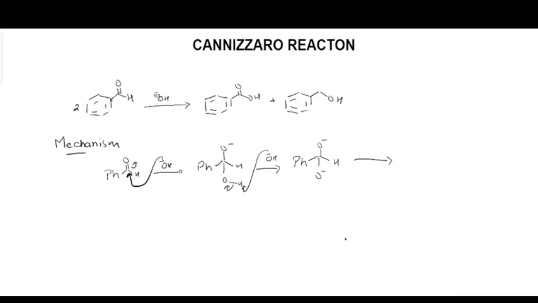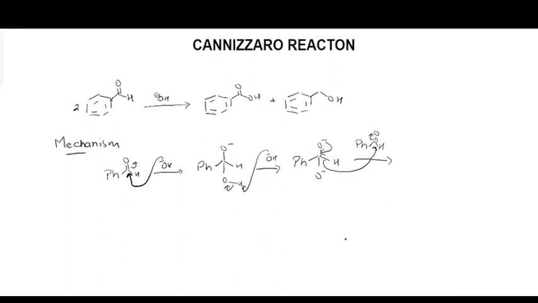This dianion then collapses back to restore the carbonyl group, but at the same time, it allows a hydride transfer to the second benzaldehyde molecule. So what happens is that this oxyanion collapses back, forming the carbon-oxygen double bond and shifting a hydride, making it attack the carbonyl carbon of the second aldehyde.